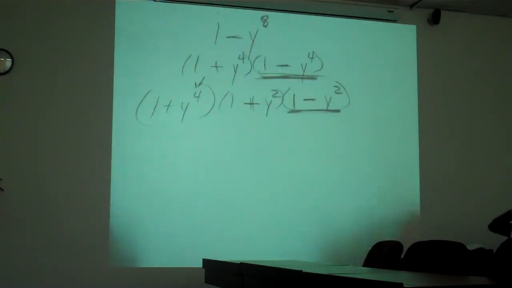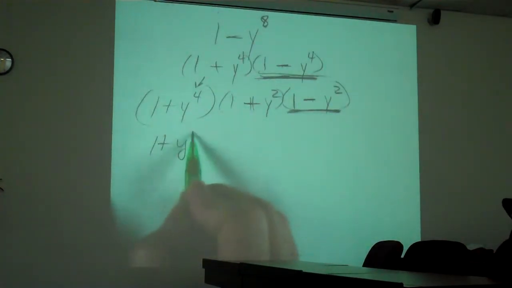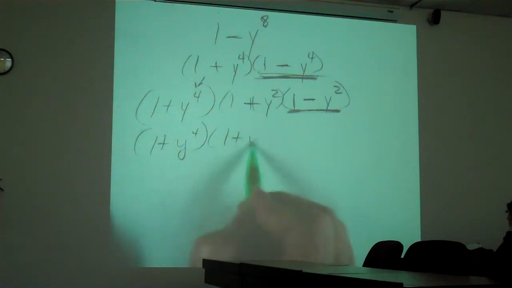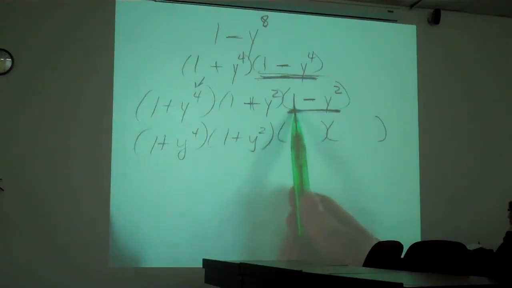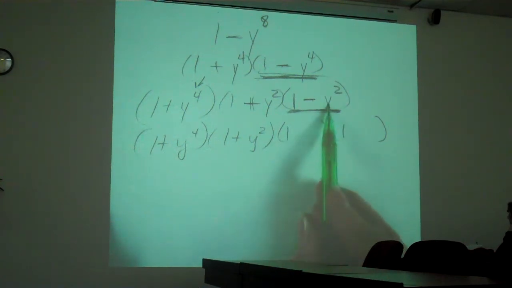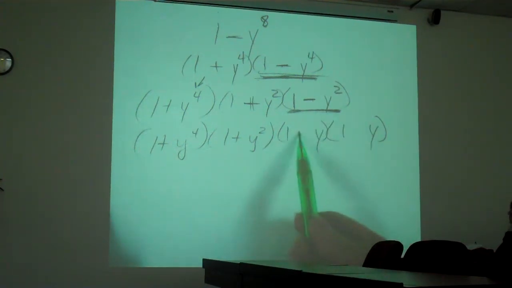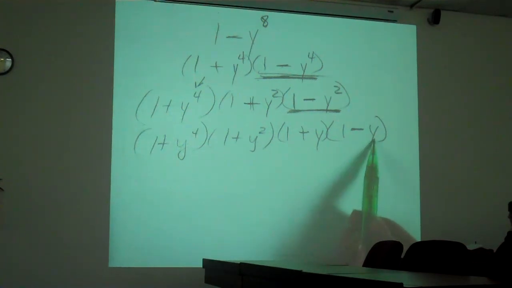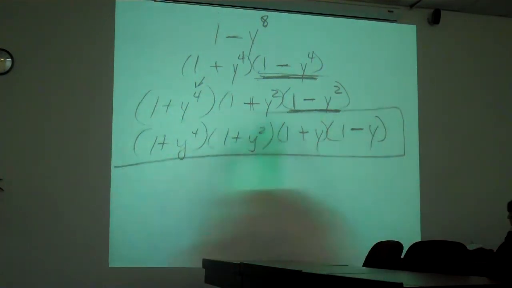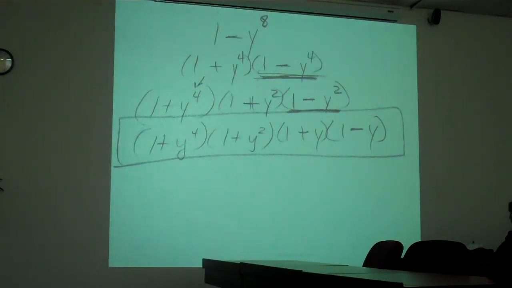Yep. So bring the plus ones down. And this one will factor into what? 1 and y. Plus and minus. We don't have a perfect square anymore, right? So that's going to be the final answer, which is a lot longer than the problem, huh?